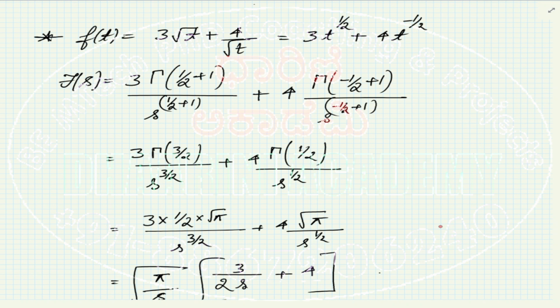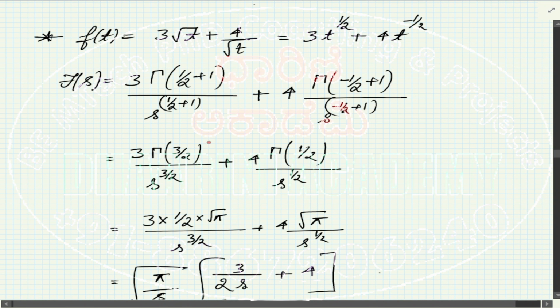Gamma of 3 by 2 is half into root pi, or root pi whole by 2. Okay, yeah, this is the one.